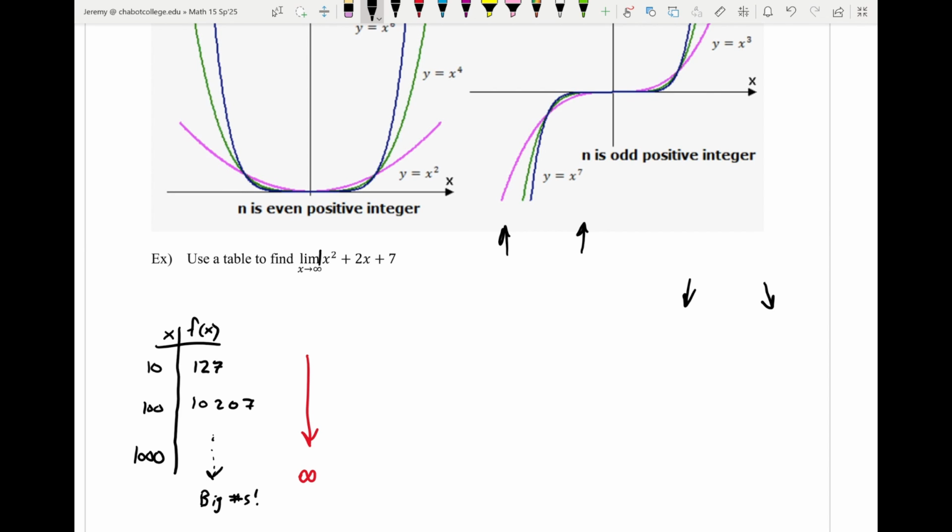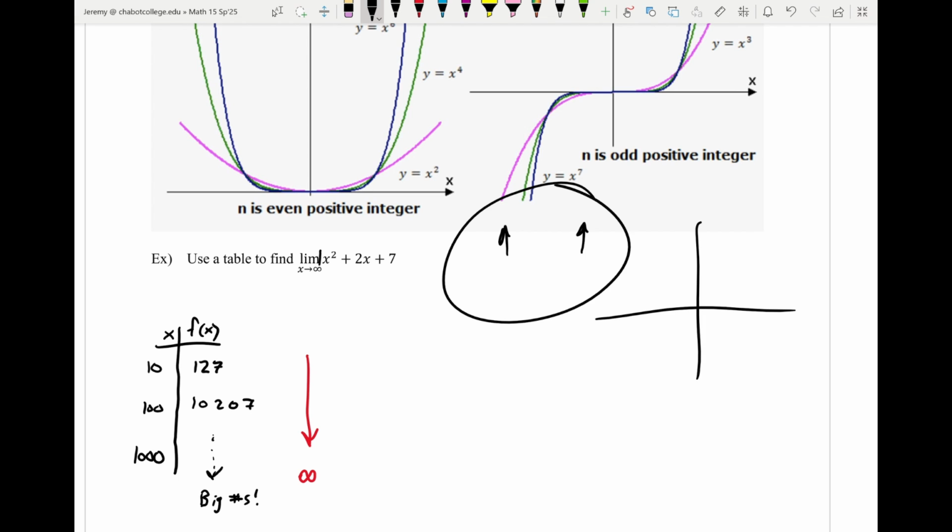So since that's a positive number, I know that it's going to have this type of end behavior. All right, you could also plug this into your graphing calculator, see what the graph looks like, but you're going to see a parabola, right? So the graph will look roughly like this. I don't know exactly what it's going to look like, but it's going to have that kind of shape. It's going to be parabolic.